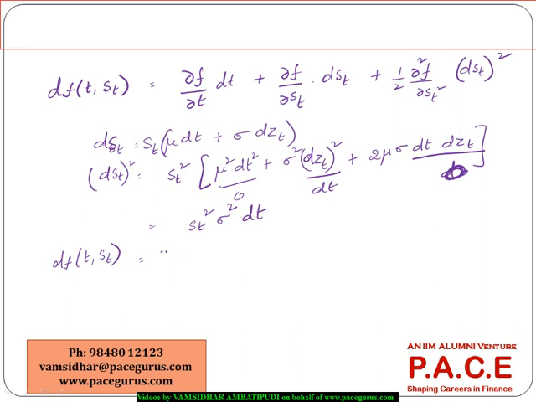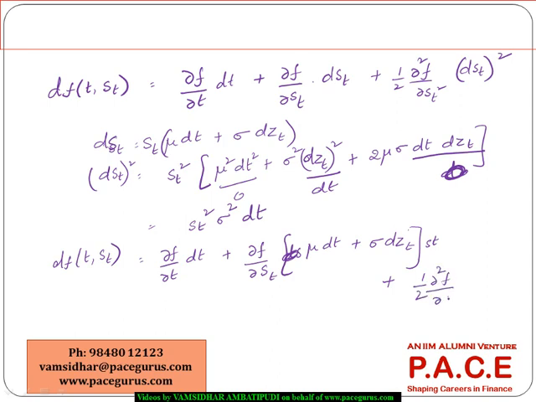This is working out as ∂f/∂t dt plus ∂f/∂st dst. dst I could very well write as mu dt plus sigma dzt times st, plus sigma half ∂²f/∂st² dst squared, which is coming out as st squared sigma squared dt.